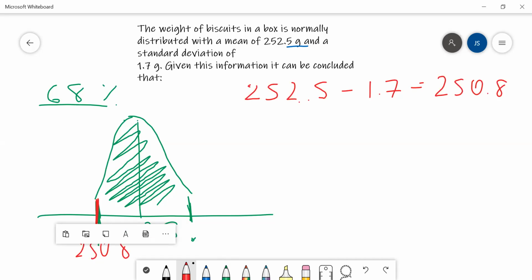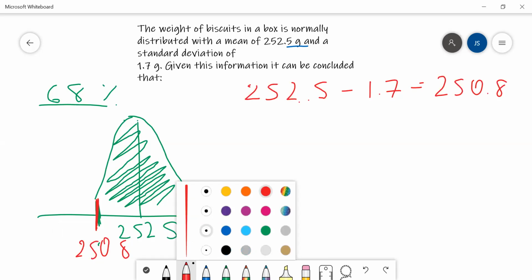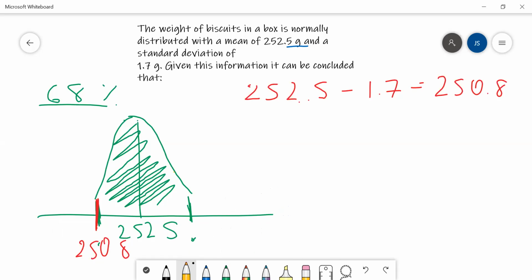Start from 250.8 grams. Then the higher part of my 68%, so the max, and I'll choose a different color now, here is going to be, rather than subtract, you are actually going ahead. Therefore, you are adding 1.7 equals 254.2.